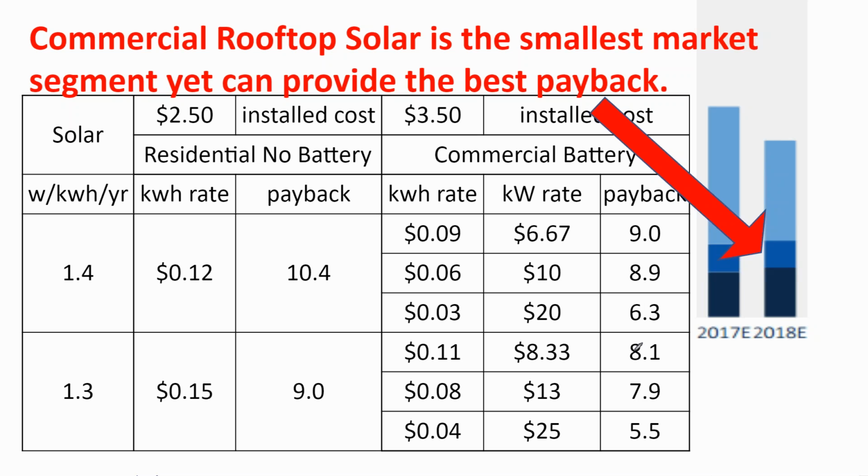Investors want their money back within 10 years. Usually they want their money back even quicker than that. And so the question is, if I build a commercial solar peaker where I can get that payback under 10 years, what happens when I sell it to another investor who's happy with a 20-year payback instead of a 10-year payback?